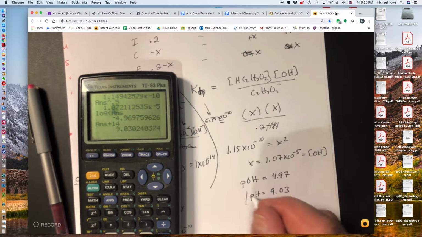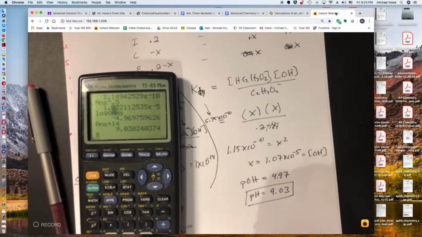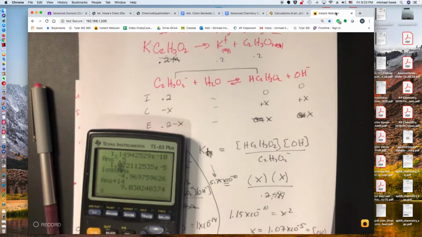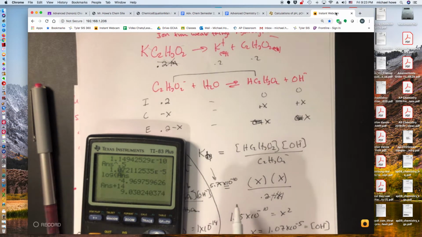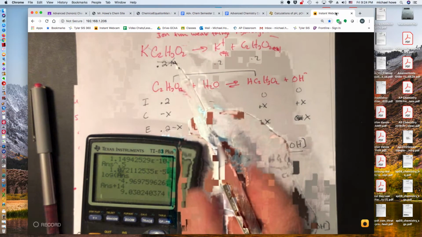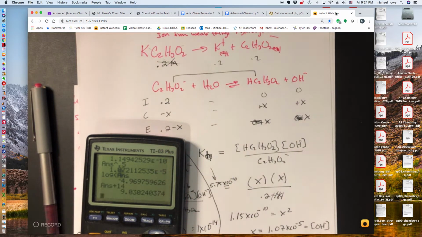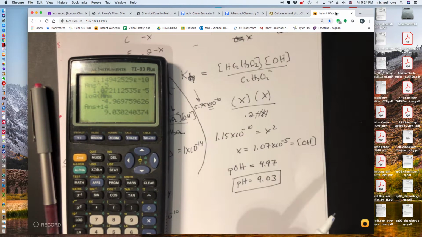All right, and that would be the pH of our solution of potassium acetate if it was 0.2 molar. Now remember, we said that this is the salt of a strong base and a weak acid, so it should be a little bit basic. And our answer when we calculated it was 9.03. So we're right.